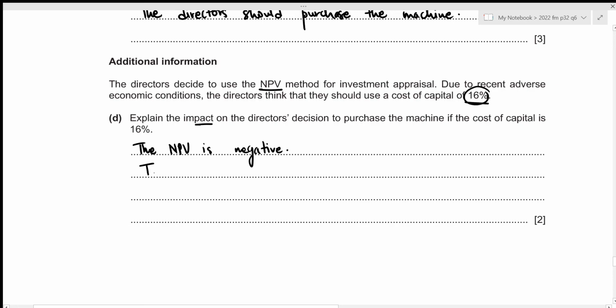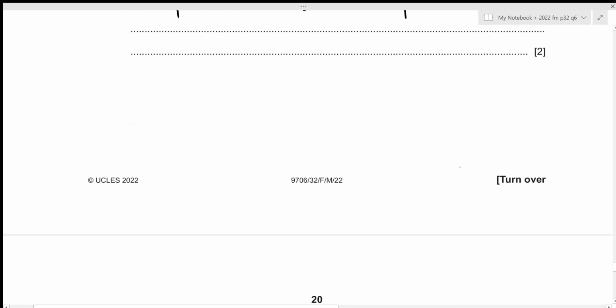Therefore, the machine should not be purchased. Alright, this concludes the fourth part. We can now move towards the fifth one.